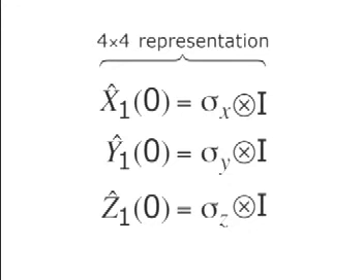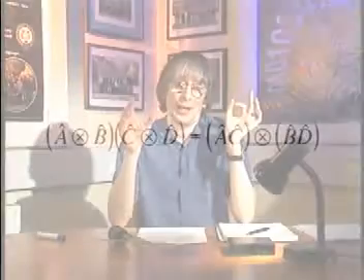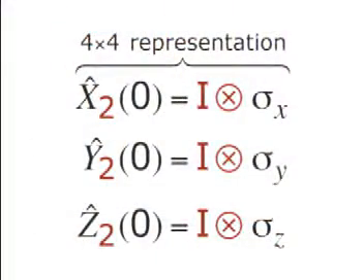And because of this property, it's easy to show that they do indeed represent the standard algebra for one qubit. For qubit 2, we can do a similar thing, this time multiplying by the unit matrix on the left. They too form a 4 by 4 representation of the standard algebra for a single qubit.